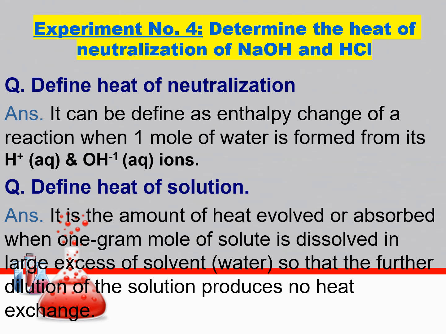Define heat of solution. It is the amount of heat evolved or absorbed when 1 gram mole of solute is dissolved in large excess of solvent so that the further dilution of the solution produces no heat exchange. It is called heat of solution.